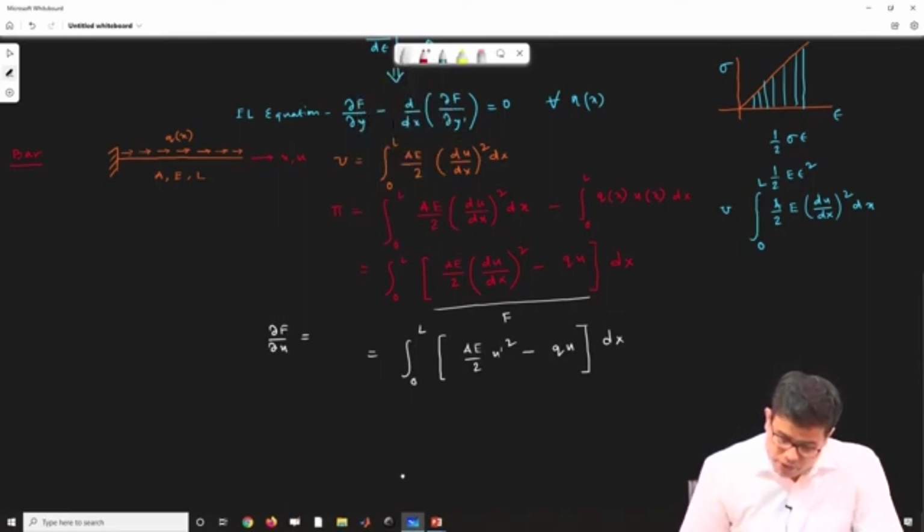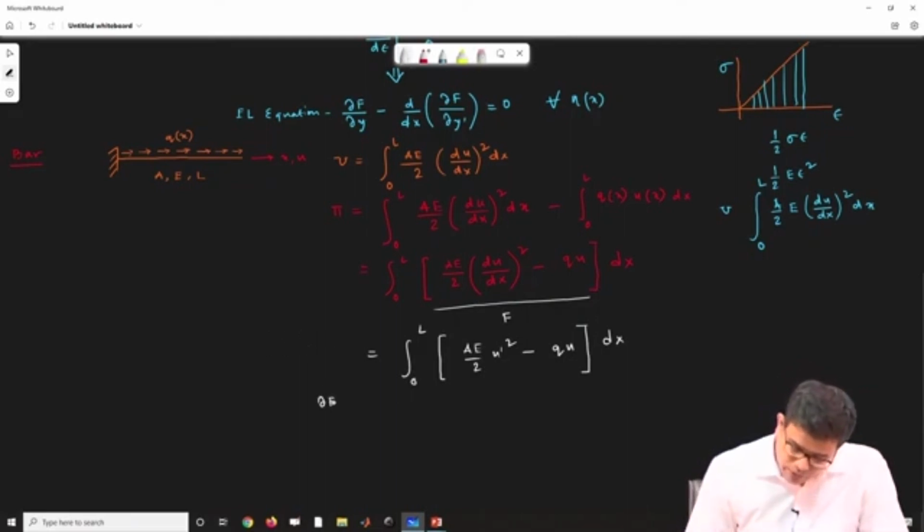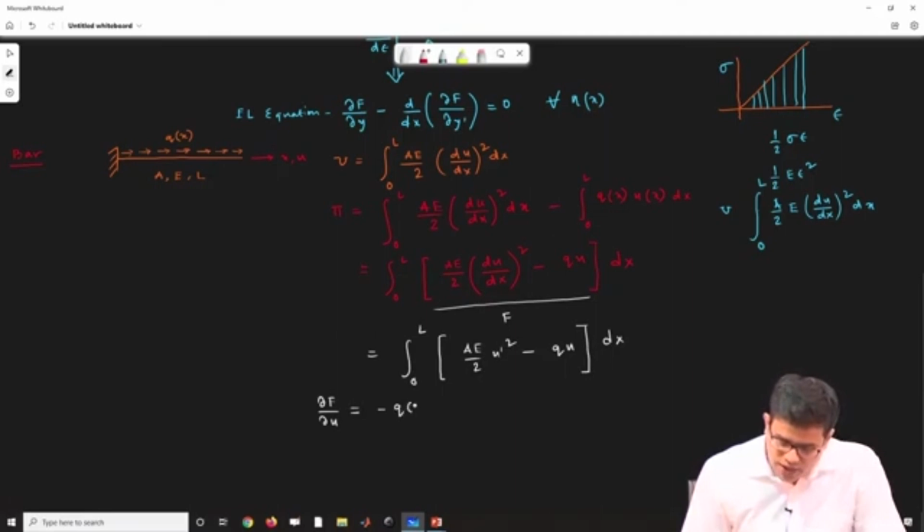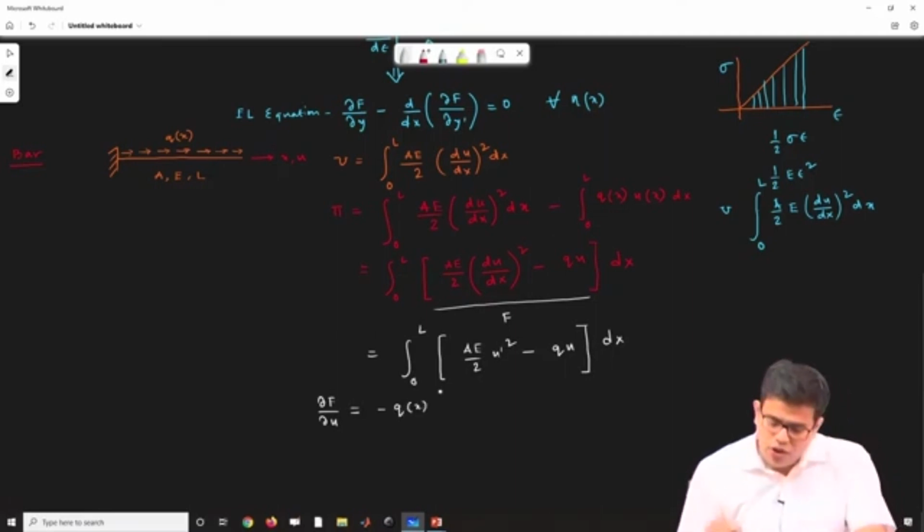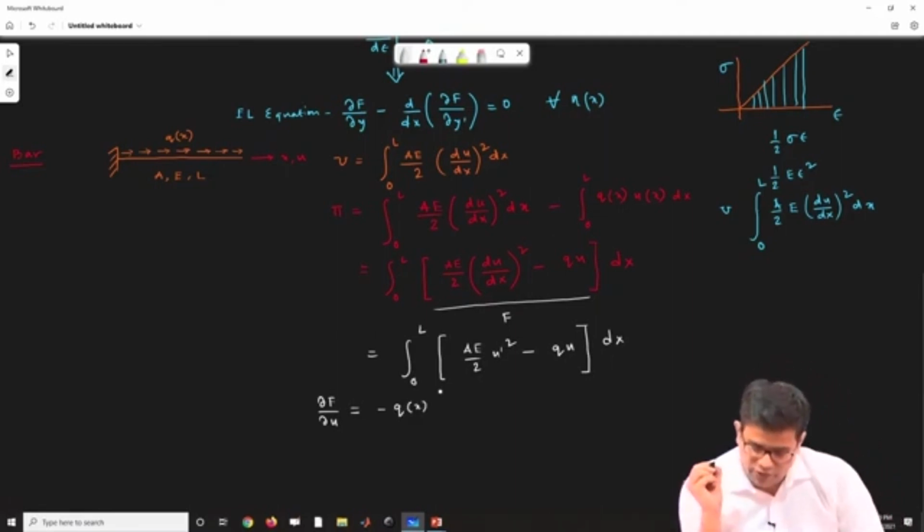So that's why it is a partial derivative. Now naturally, del f by del u will be, from the qu term, minus q, right? So q is a function of x. So this is my del f by del u.